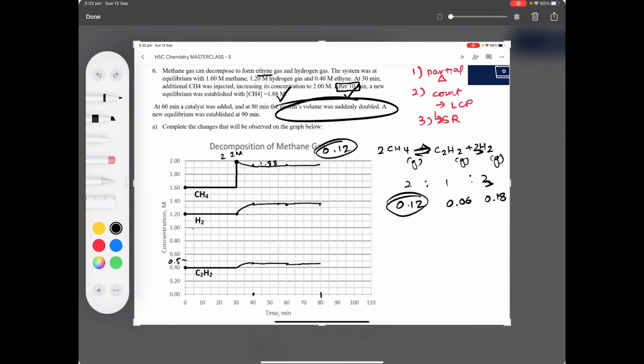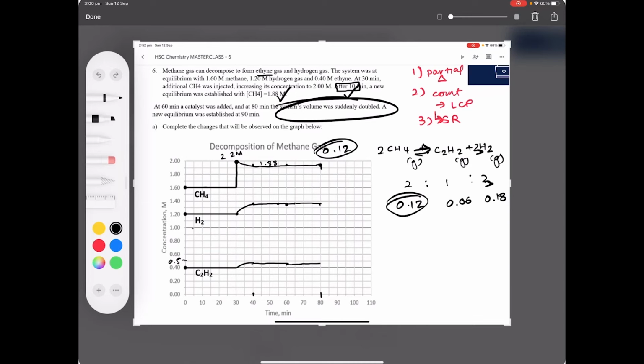So if you double the volume, you halve the concentration. So you want to halve all the concentrations. So 1.88 should halve all the way to, is it 0.94, what is it, 0.945, something like that. So put it in your calculator or do it mentally and decrease it all the way down.